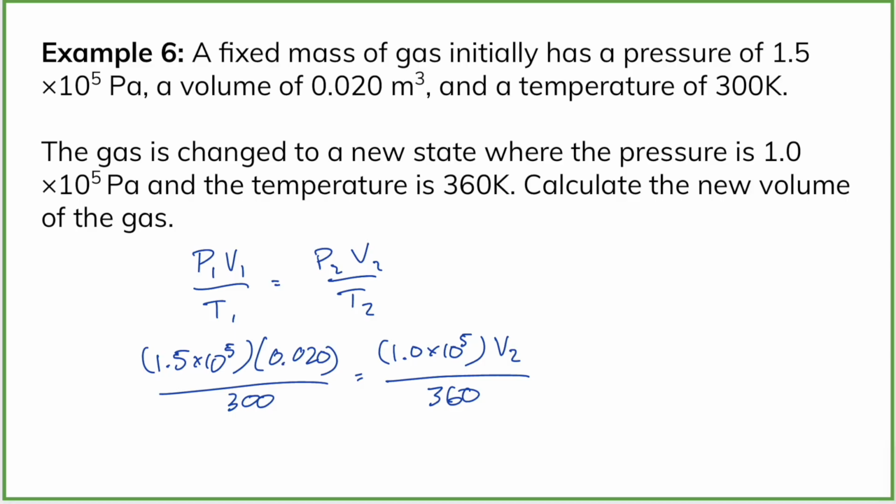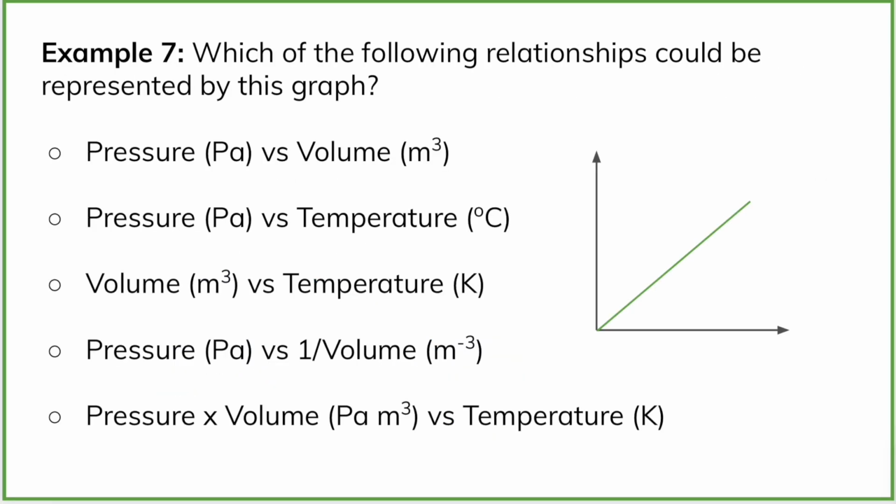We look at all of our units just to double check. Kelvin, yep, we want Kelvin. Pascals is good. These are both pascals. This is meter cubed, so my answer for the new volume is going to be in meters cubed. So I plug this in the calculator and I get a volume of 0.036 meters cubed.